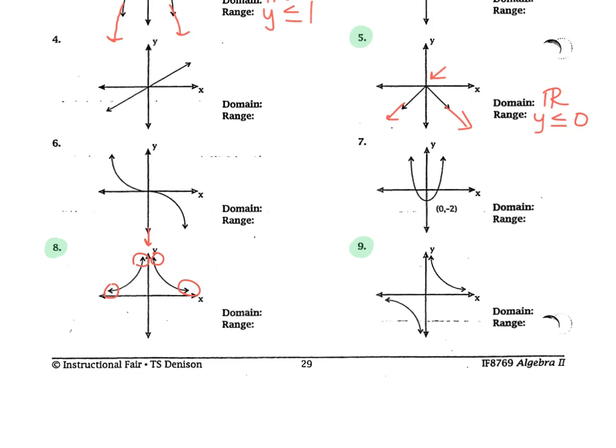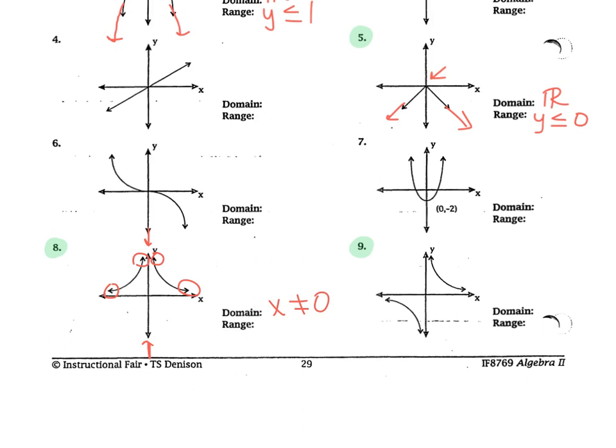Trust me when I say for right now, these branches are going to get really, really close to an x value of 0 right here, but they are never going to touch that value. So for our domain, x can be any value except 0. I'm just going to write it simply like that.